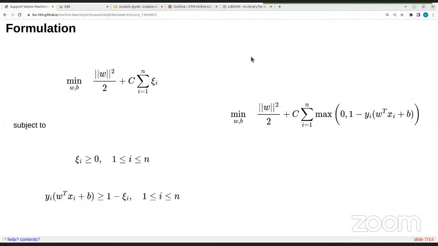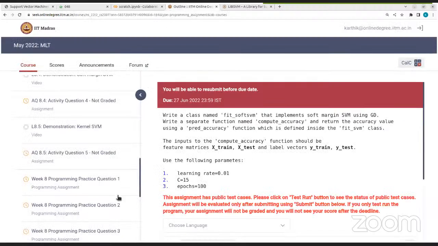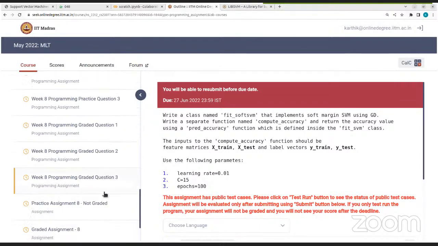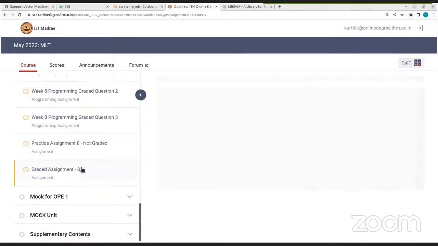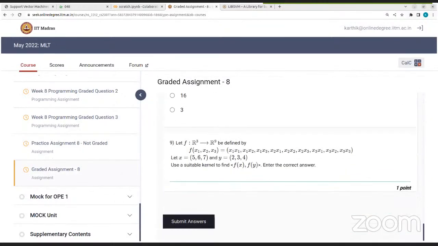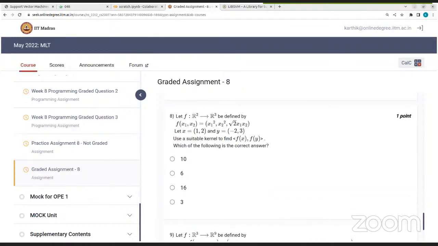One more thing: in the graded assignment, the last two questions are about the kernel. It's not programming. They ask how do you find a suitable kernel, use a suitable kernel.